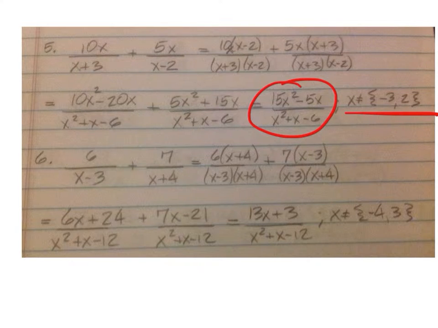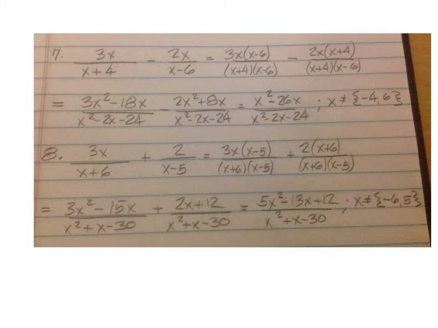For number 6, you should have 13x plus 3 over x squared plus x minus 12. And the excluded values are negative 4 and 3. For number 7, it is x squared minus 26x over x squared minus 2x minus 24.